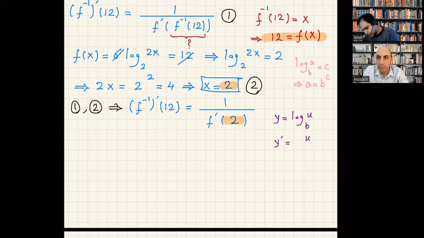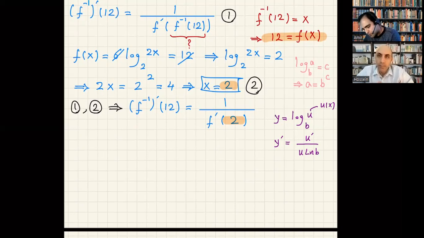Then y prime is u prime divided by u ln of b, natural logarithm. u is a function of x, so u prime is a derivative with respect to x. Given that, I'm going to use this relation to obtain f prime of x.